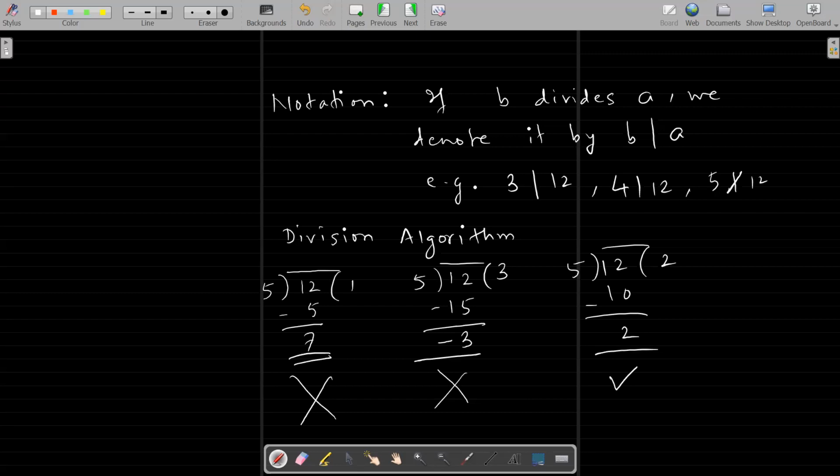So why you should not put 15 or 5 is because 10 is the closest multiple to 12 and the number 10 should not be more than 12. So we use 10 to divide 12.